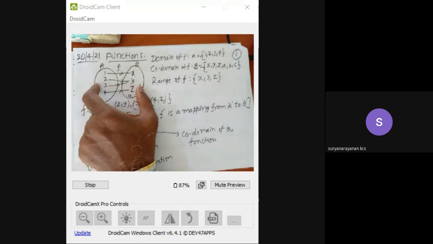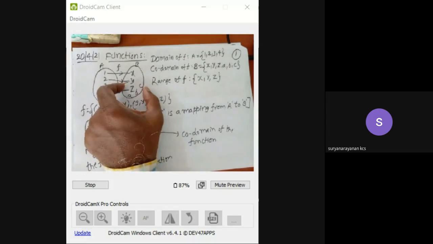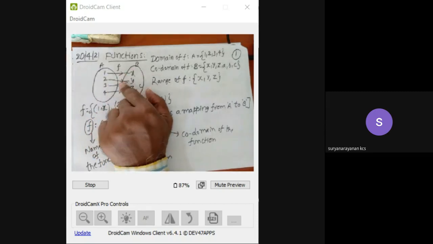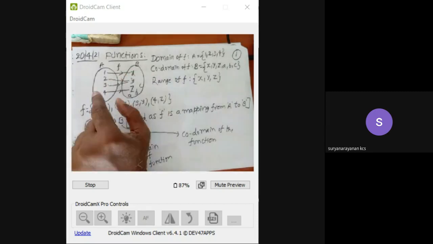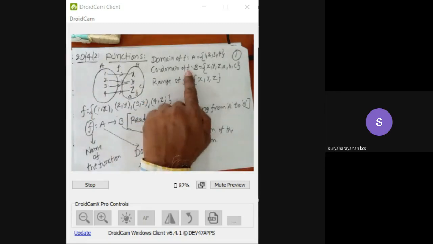In this arrow diagram also, first set is called domain and the second set is called codomain. And in the codomain, the elements which are images of the elements in the domain are said to be range. There is a lot of difference between codomain and range. Got this point, my children?